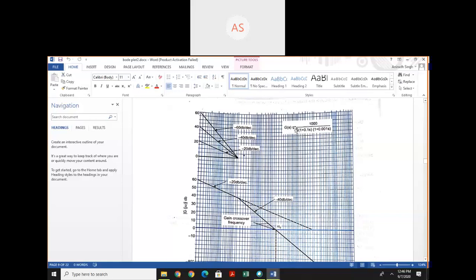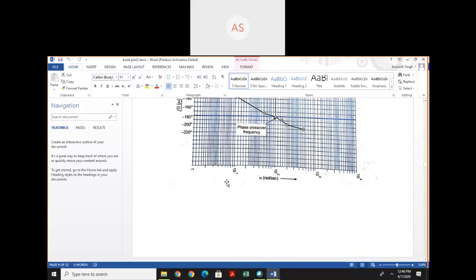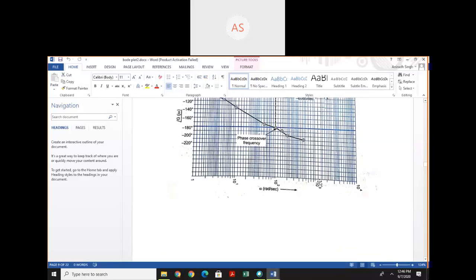Here, this is a type 1 system because there is one pole at origin. In a type 1 system, omega is equal to k, and here the value of k is 1000. It means 10, 100 and 1000.